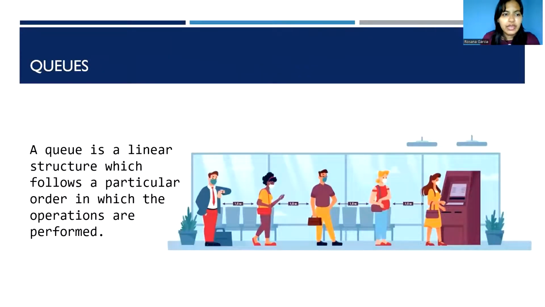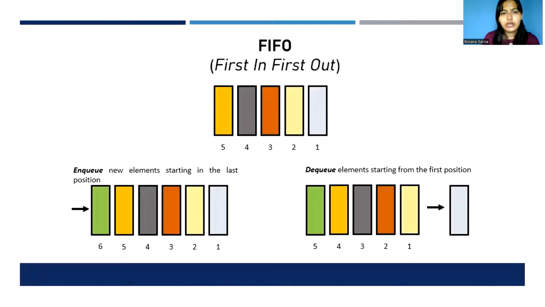Queues. A queue is a linear structure that follows a particular order of operation. This order is called FIFO, first in, first out. Unlike the linked list we described before, the first element added is the first element that has to be taken off when you take an element from the queue.